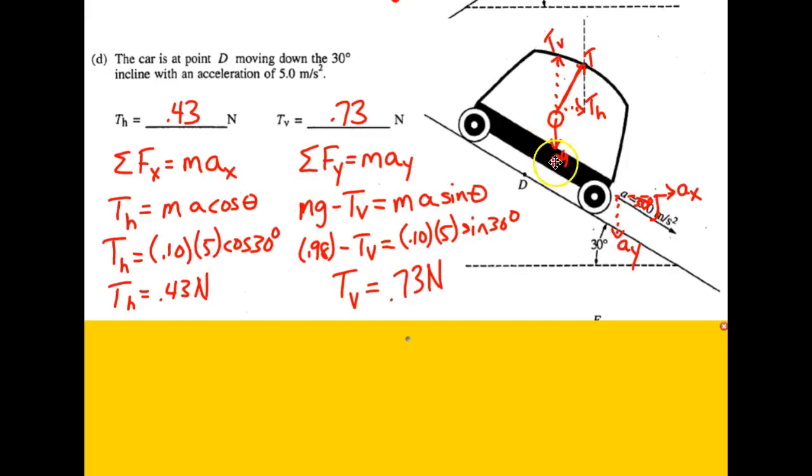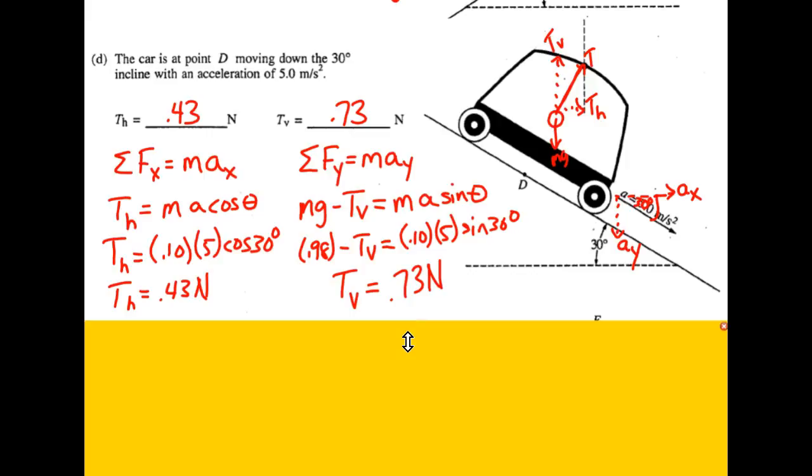So on our free body diagram, you can see the weight is downward, the vertical component of tension is upward. So it would be mg minus TV equals ma sine theta. We know the weight's 0.98. We're solving for TV, 0.1 times 5 sine 30. Solve this for the vertical component of tension to be 0.73 newtons.